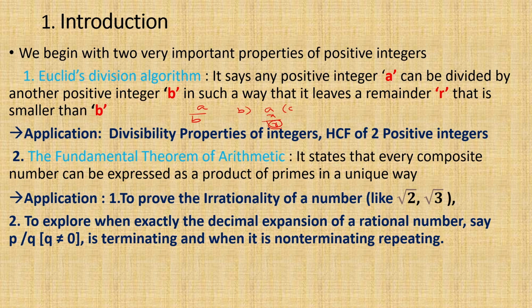This r is always smaller than b, because if r is greater than b, then it is once again divisible by b to get a remainder smaller than b. Understood, no? Suppose here 12 is there.